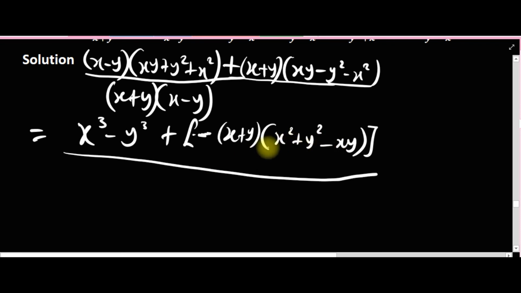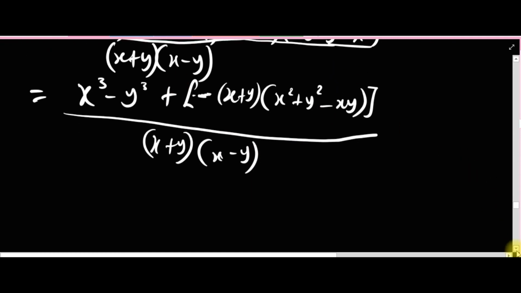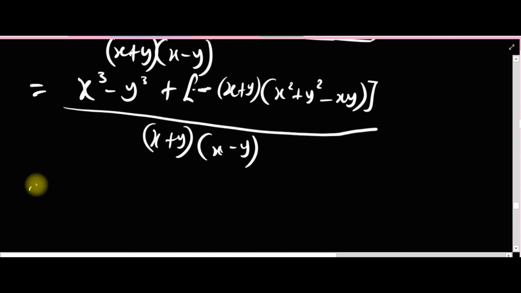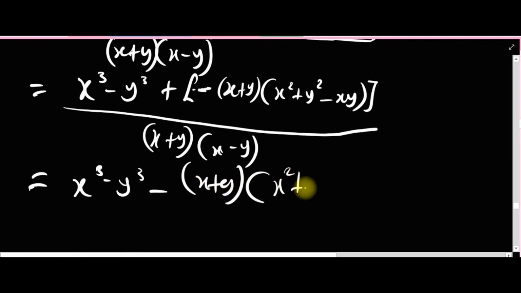Let's write this as x plus y, x minus y. So we can write everything now as x cubed minus y cubed minus x plus y.